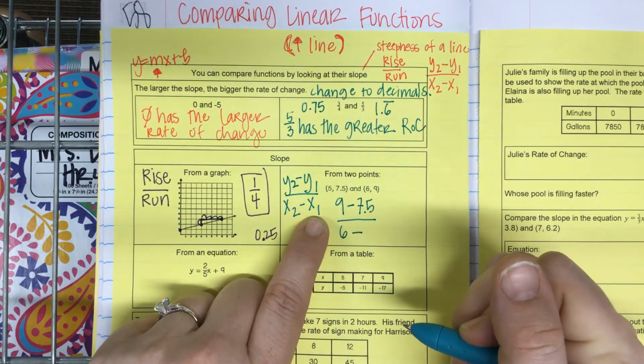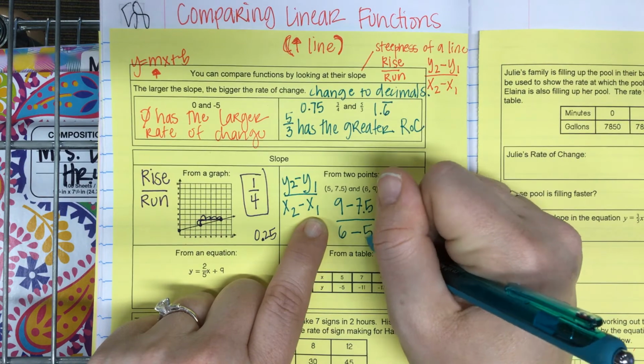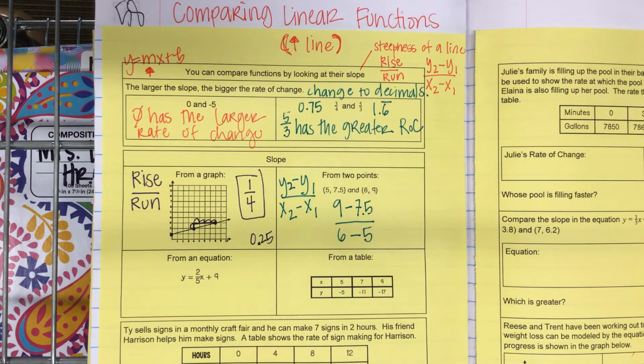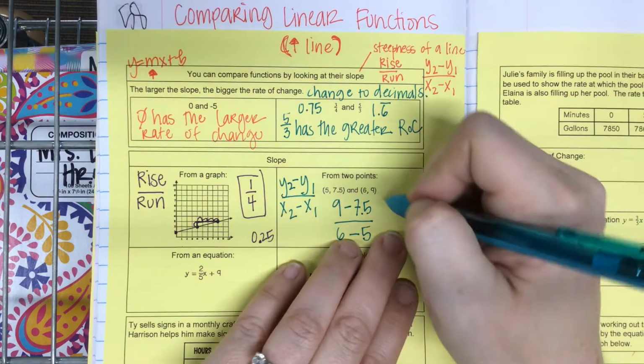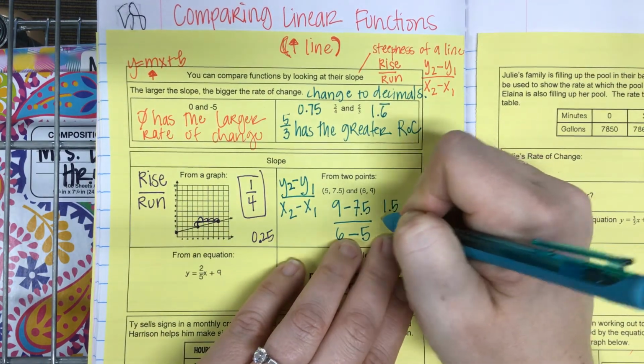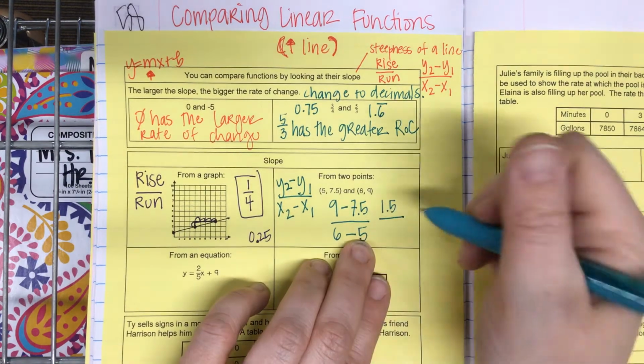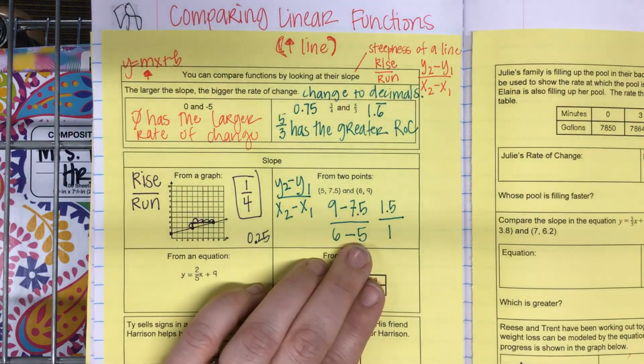Minus, what's my x1? 5. Is this coming back? Calculators out and ready. What's 9 minus 7.5? 1.5. Over 6 minus 5 is 1. All right.